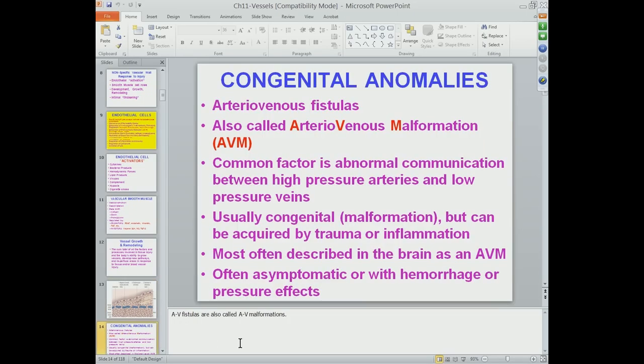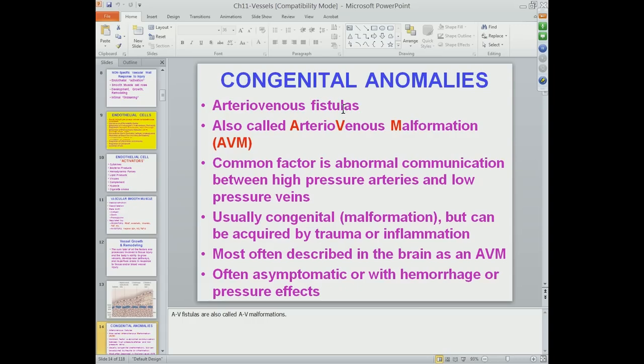So, remember, the first part of general discussions of diseases are congenital anomalies, and the most common type of blood vessel congenital anomaly is a situation when blood vessels are developing and for some reason there is a fistula.